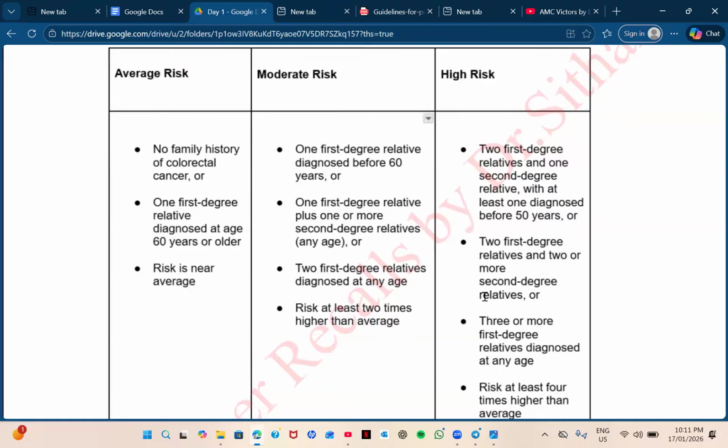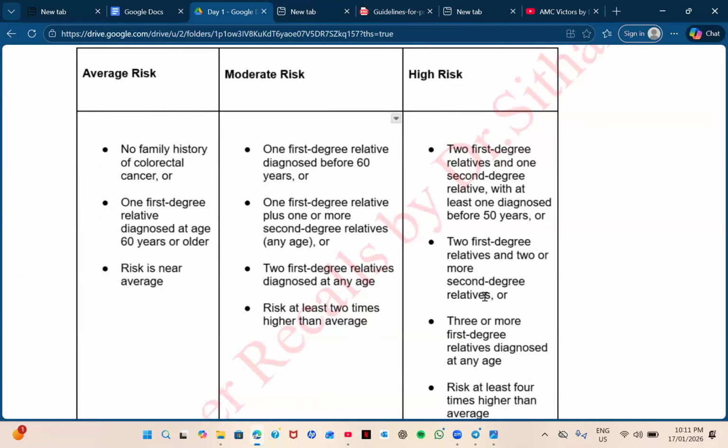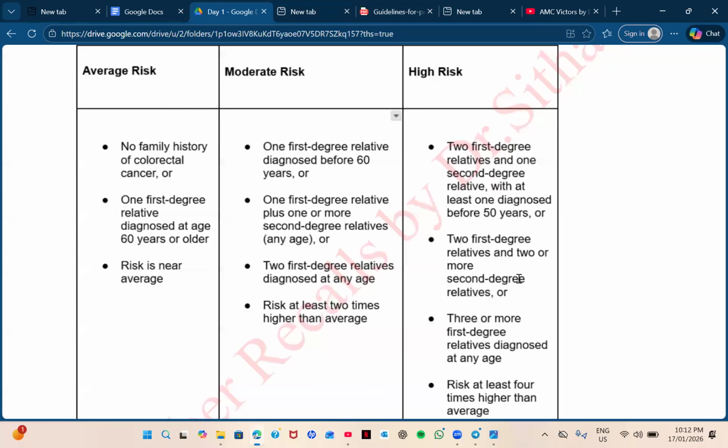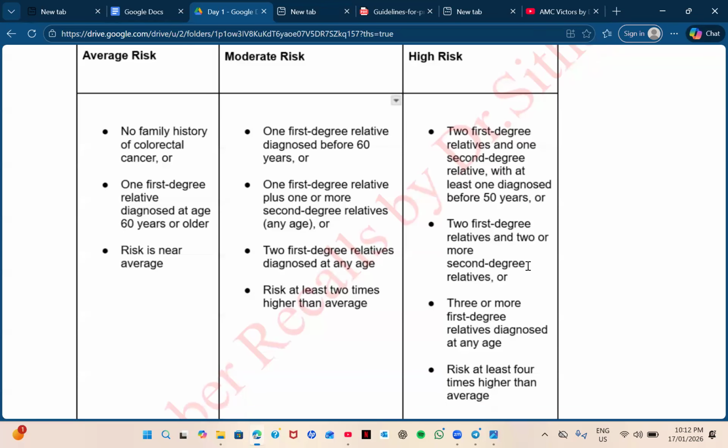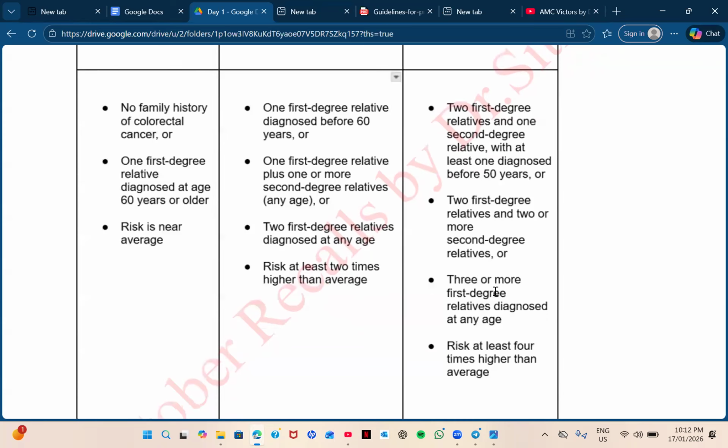Then who are the high risk people? Two first degree relatives and one second degree relative with at least one diagnosed before age 50, or two first degree relatives and two or more second degree relatives, or three or more first degree relatives diagnosed at any age.